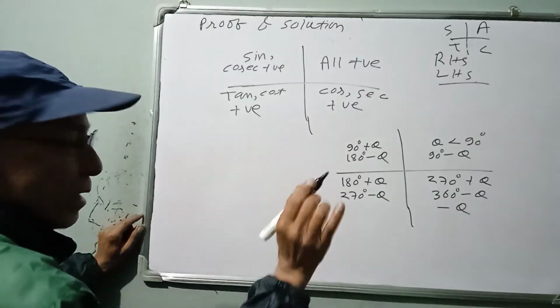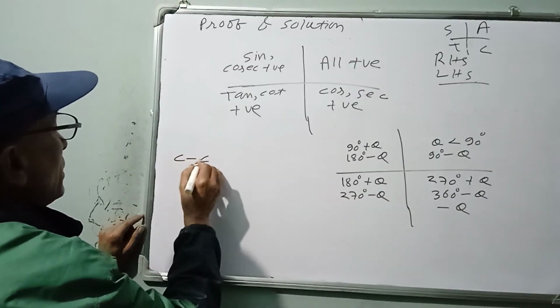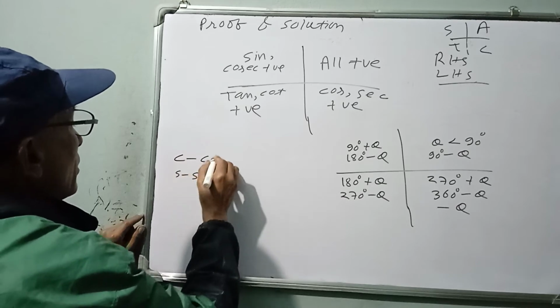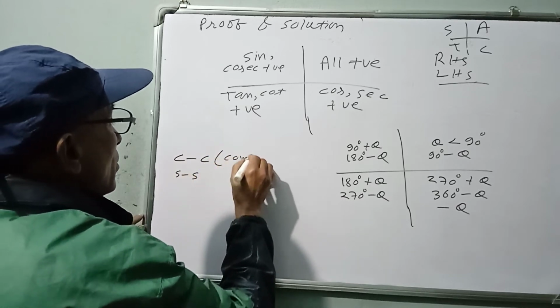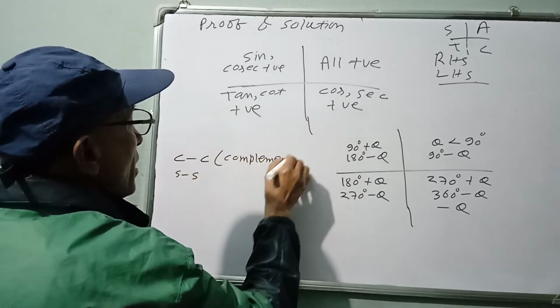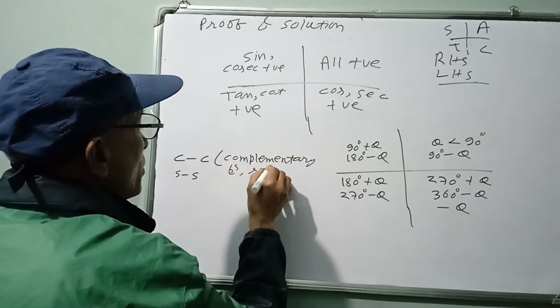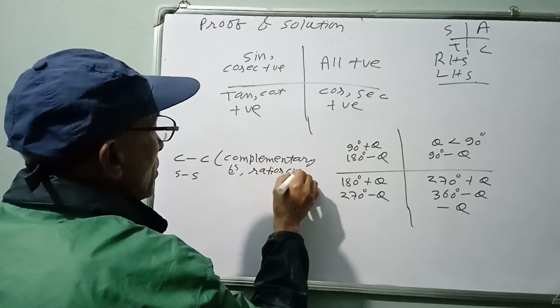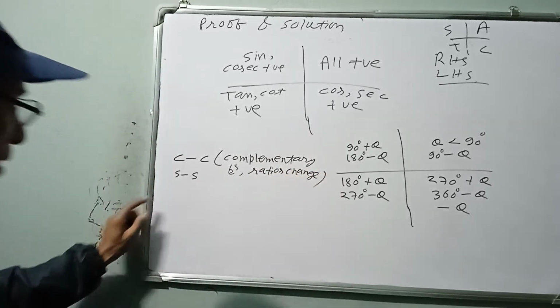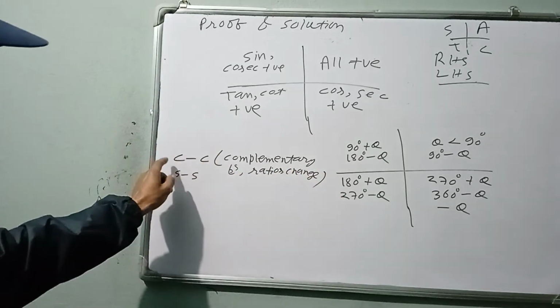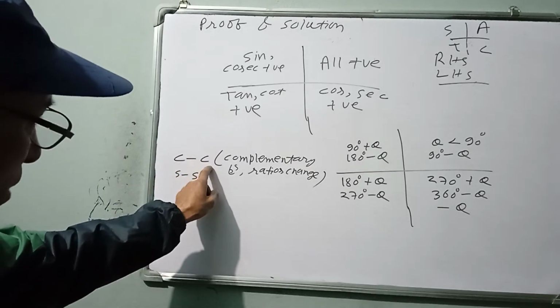See, I read one another technique, CCSS. It means complementary angles ratios change. CC means complementary angle ratio change.